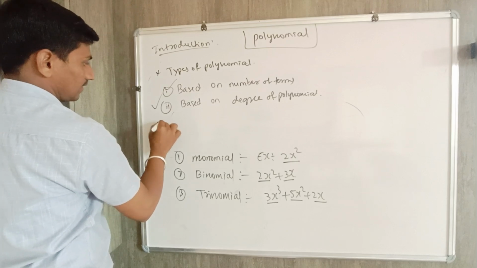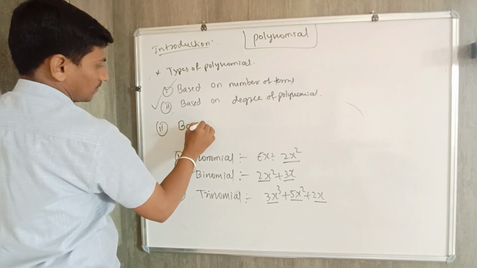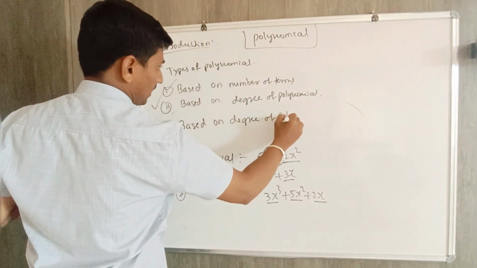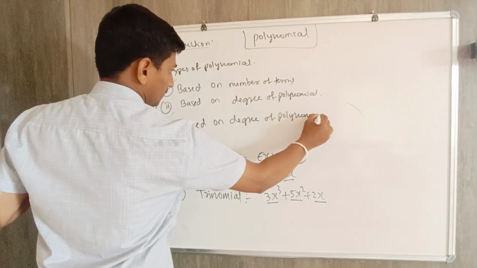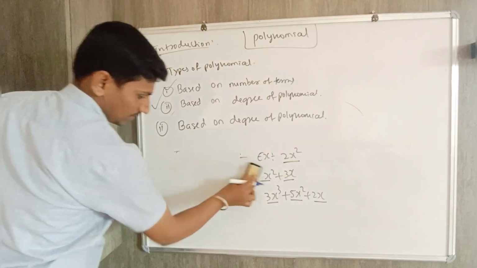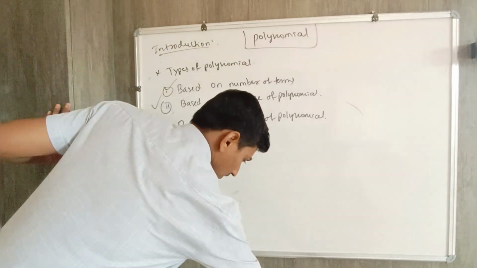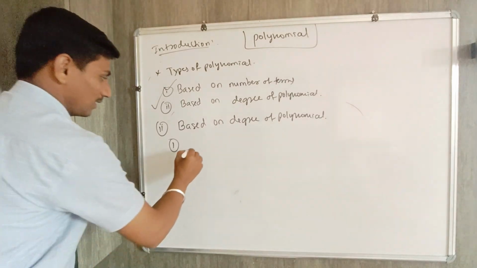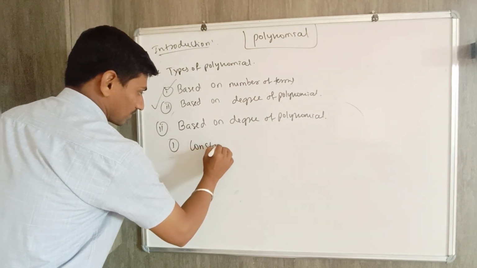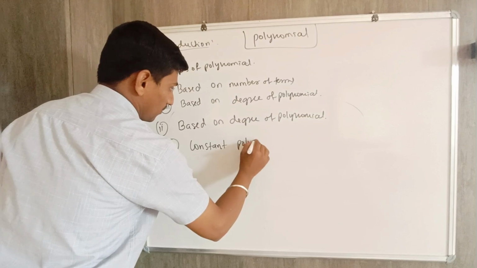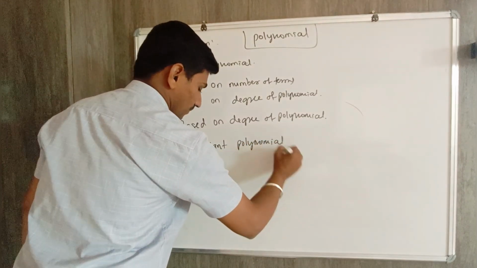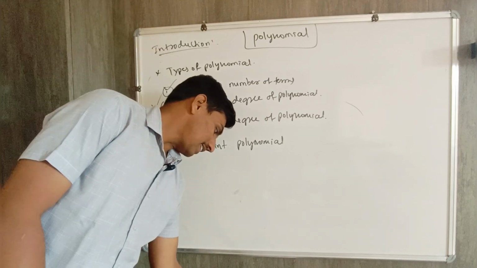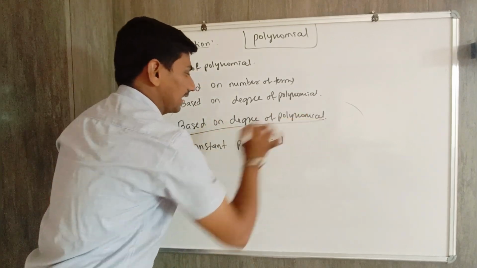Tell me, the first one is constant polynomial. Constant polynomial means what is the highest degree here? They are asking based on degree of the polynomial.